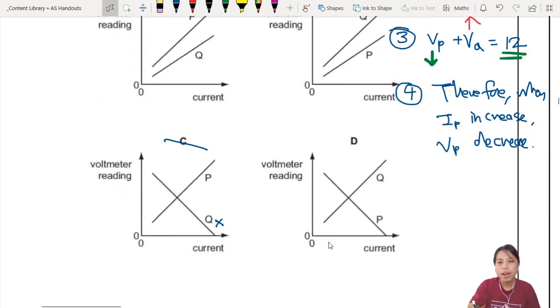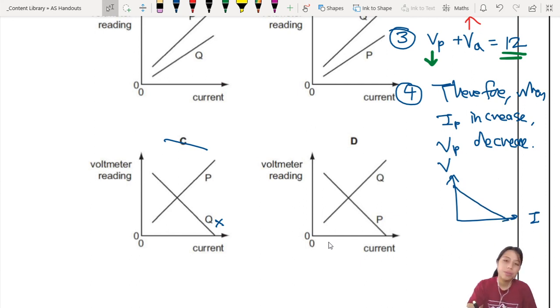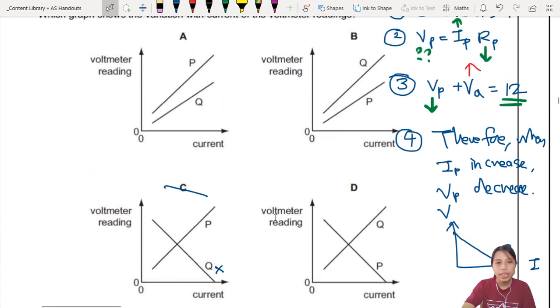That means if you draw a graph of V against I for P, I increases, V decreases, so something like this. I getting bigger, then your V will go down. This is for P. So now you have to look at which P graph is going down. Only D is left already. So D is the answer for this kind of graph.